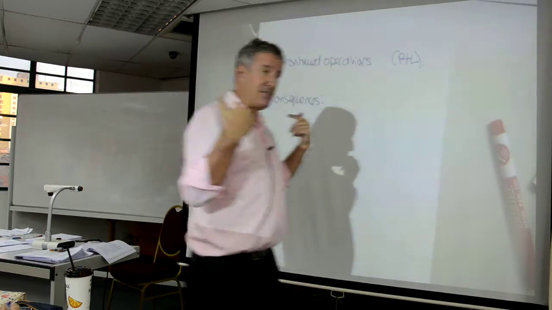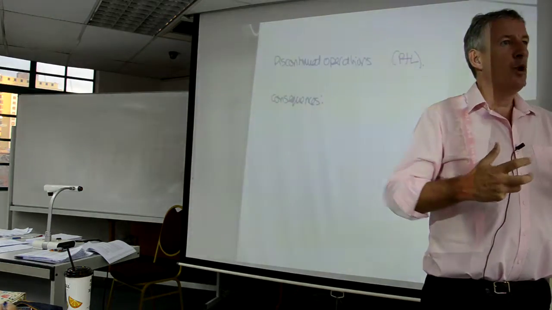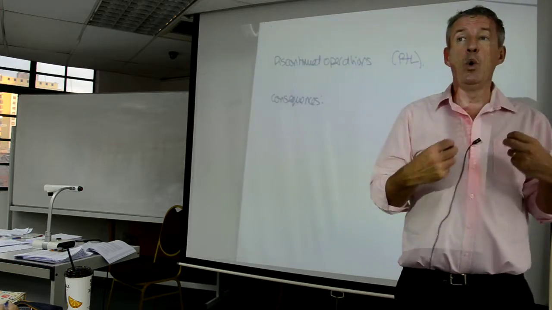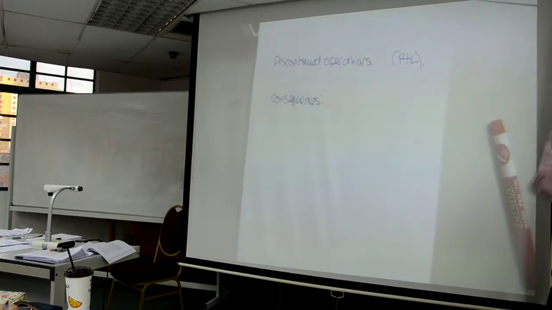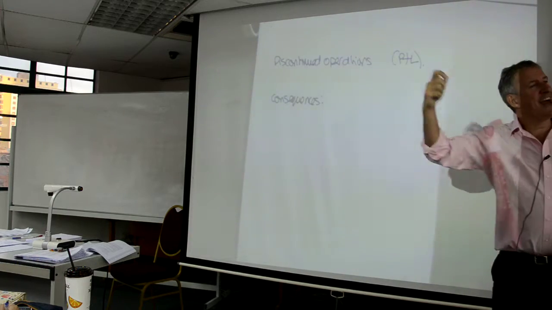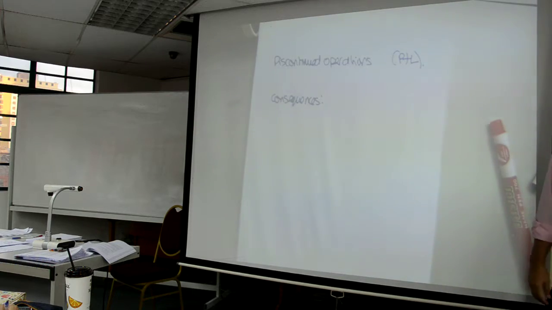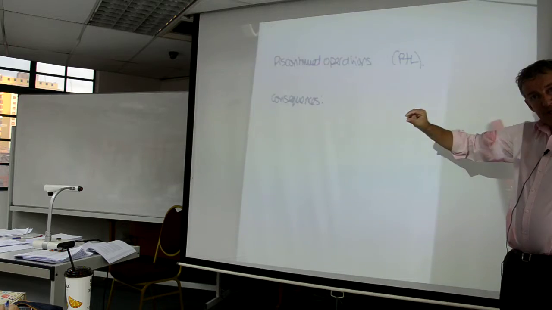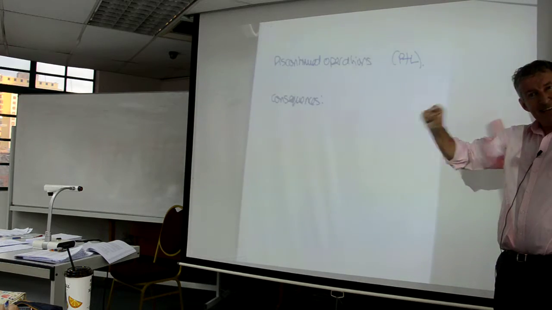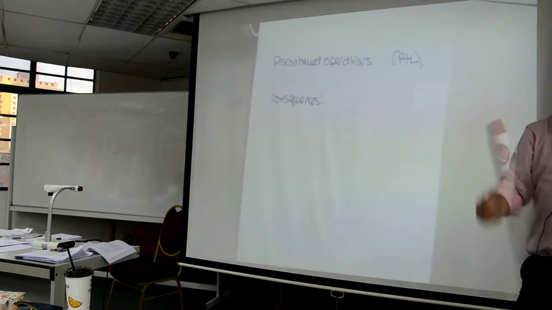So IFRS 5 is all about being predictive, all about being relevant, all about helping the users understand what's likely to be there next year. So we strip out the results of our discontinued operation and we present those results in one line at the bottom of the P&L as discontinued operation.